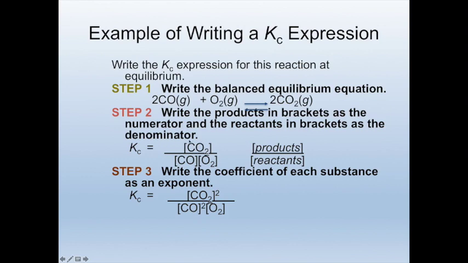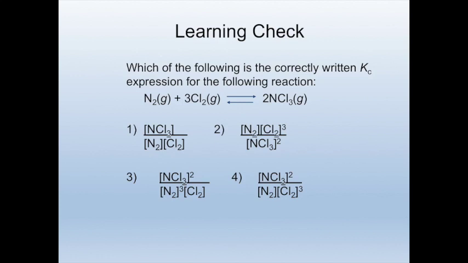So the concentration of CO2 gas divided by the concentration of CO gas times the concentration of oxygen gas. And then you write in the coefficient of each substance as an exponent. So carbon dioxide gas is squared, as is carbon monoxide gas, but oxygen appears in 1 molar quantity, so it is to the first power. So that is our equilibrium expression.